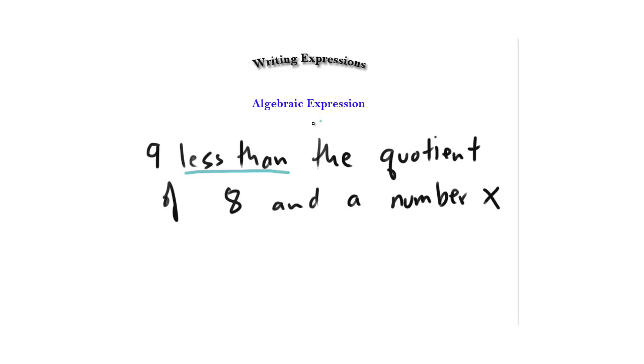Less than what? The quotient of 8 and a number x. So 9 less than, so we know it's going to be subtract 9 from what? Well, the quotient of 8 and a number x. So we can think of quotient, so that's going to be division of 8 and a number x.